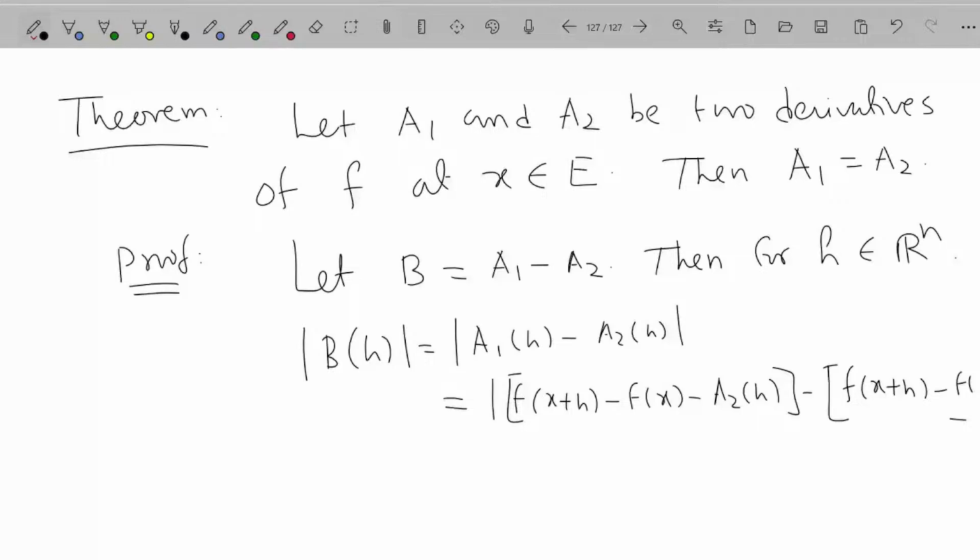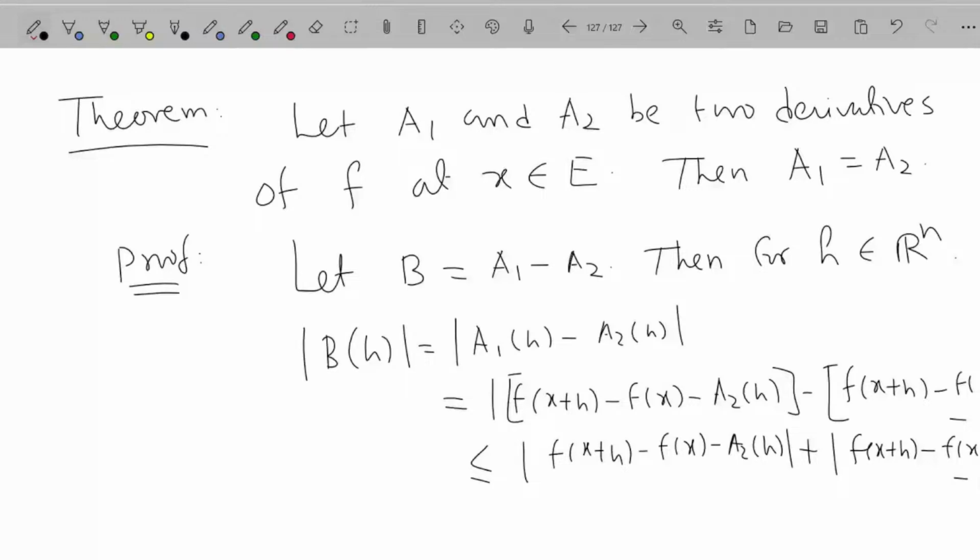Sorry, this is your mod. Rearranging this, by the triangle inequality, this will be less than or equal to mod of f(x+h) - f(x) - A2h plus mod of f(x+h) - f(x) - A1h.